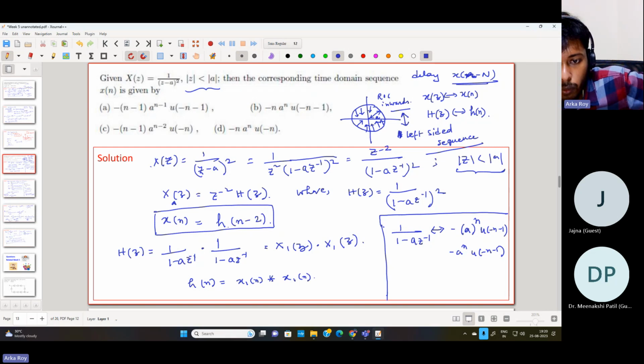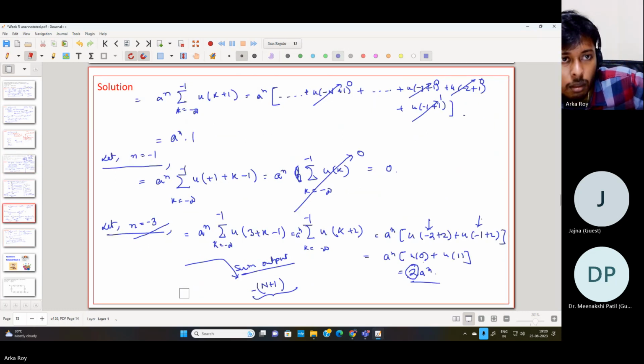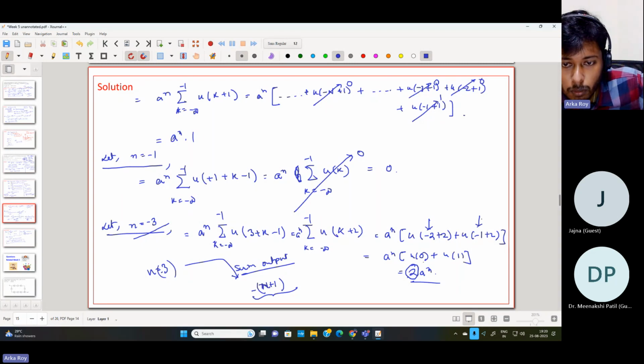And then we tried to find the output, which is equal to minus of n plus 1.